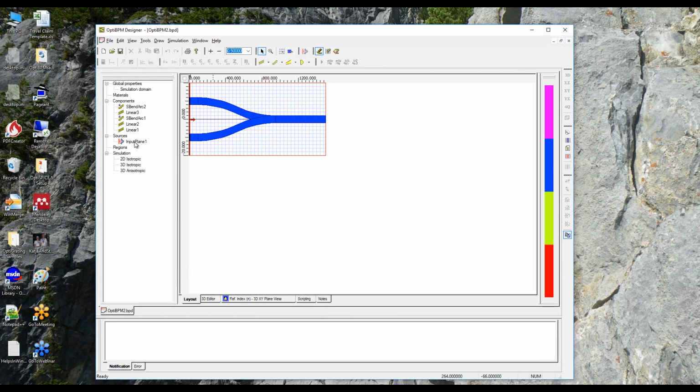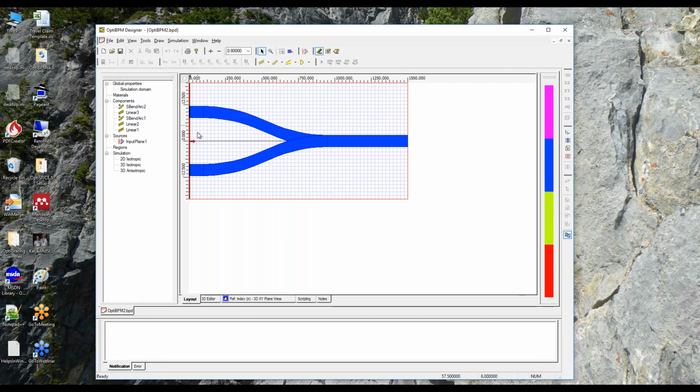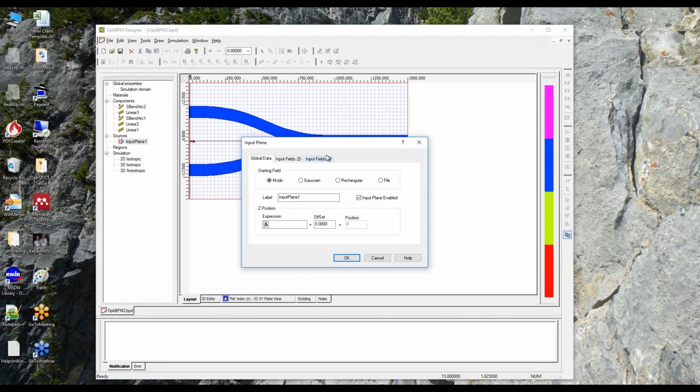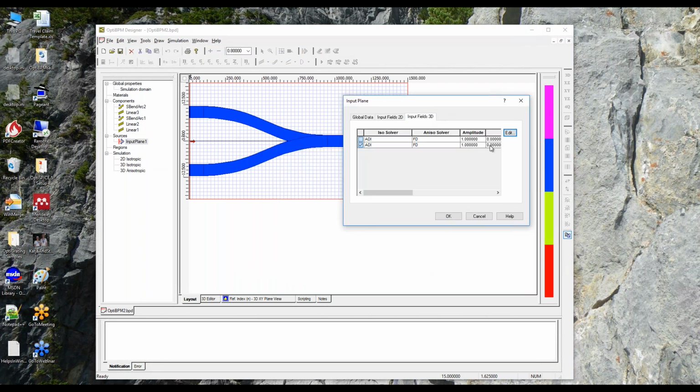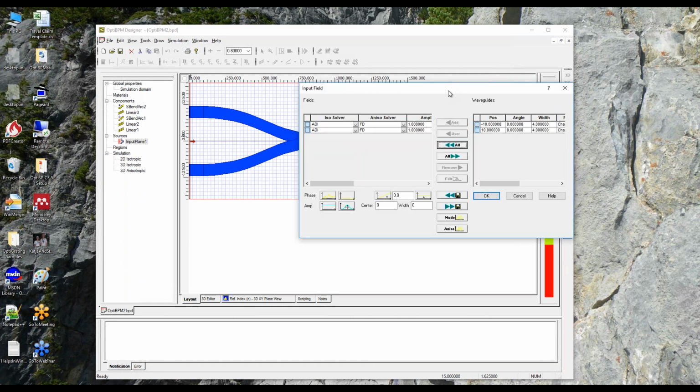In OptiBPM, we need to specify the optical field at the initial point of excitation, which is here, the plane represented by the red line in the layout. If we go into this dialog box, we can see the details of this excitation.